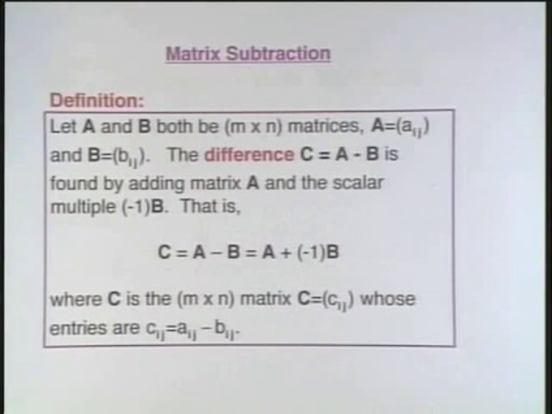The difference C equals A minus B is found by adding matrix A and the scalar multiple negative 1 times B. That is, C equals A minus B, which is equal to A plus negative 1 times B, where C is the m by n matrix with elements c sub ij, whose entries are c sub ij equals a sub ij minus b sub ij.